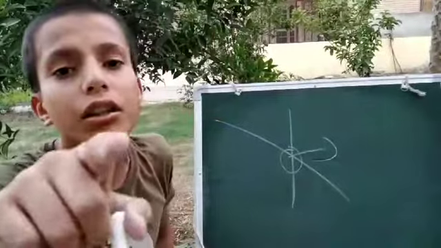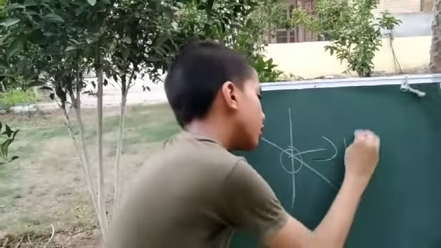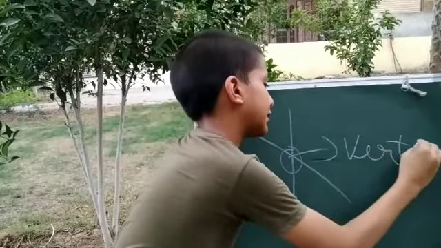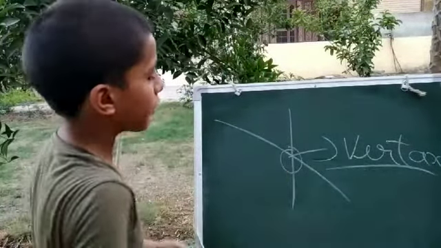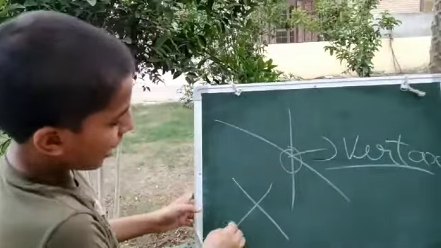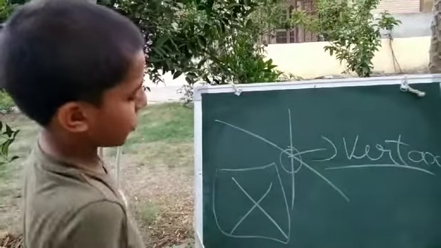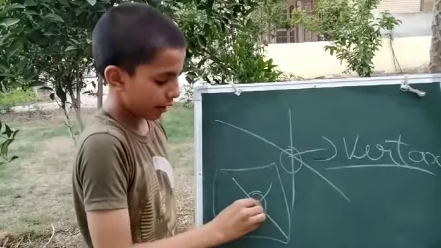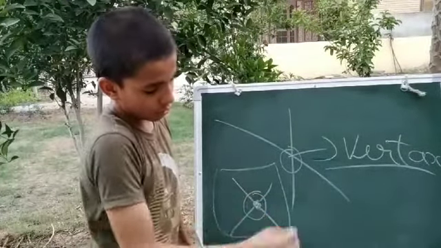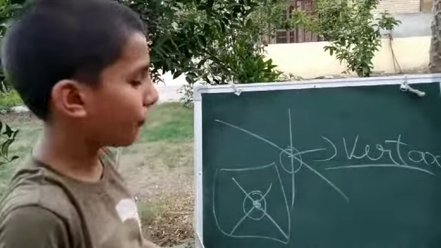This is known as the vertex, and we say it is the intersection point. When two lines cross like this, they make a multiplication sign. So this point is the intersection of lines.